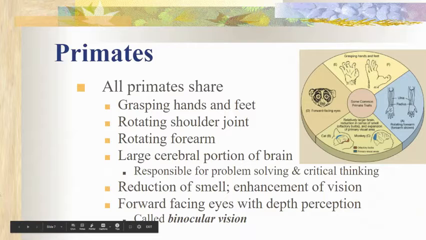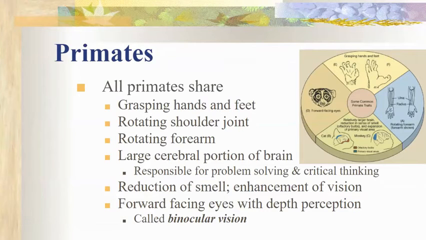All primates share certain characteristics. They all have grasping hands and feet, a rotating shoulder joint, a rotating forearm, a large cerebral portion of the brain that's responsible for problem solving and critical thinking, a reduction of the sense of smell compared to other mammals, and an enhancement of the sense of vision.